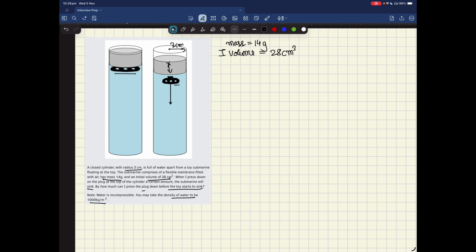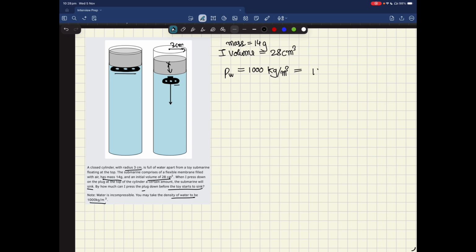So I think before anything, I would convert the density of water, rho W, which is 1,000 kilograms per meters cubed, into grams per centimeters cubed.